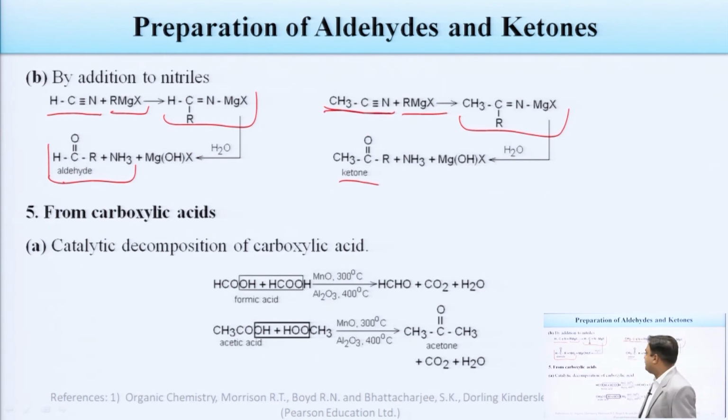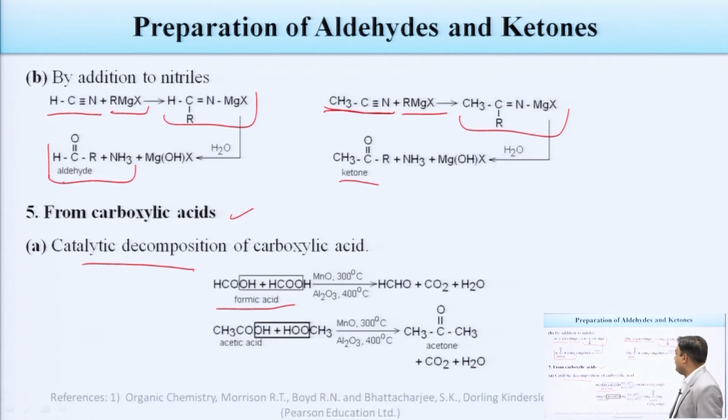Now, the next important method for the preparation of aldehyde or ketone involves reaction of carboxylic acid. How? The first reaction involves catalytic decomposition of the carboxylic acid. You are seeing the example of formic acid. Two molecules of formic acid are used with MnO, that is manganese oxide.